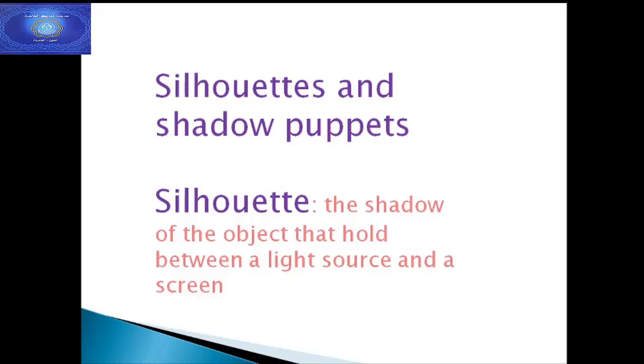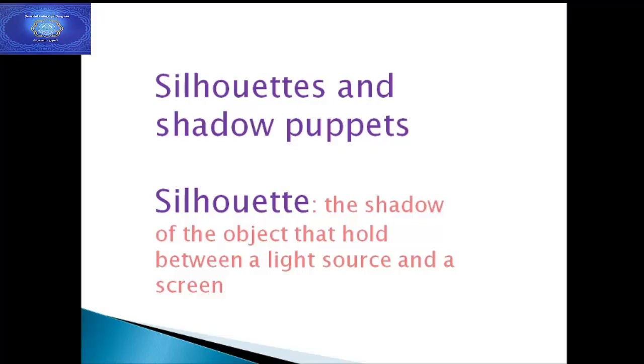Shadow puppets are silhouettes used to make a story on a screen. Okay? That means a silhouette is a solid image of a person or anything that forms on a screen, and shadow puppets are silhouettes used to make a story on a screen.